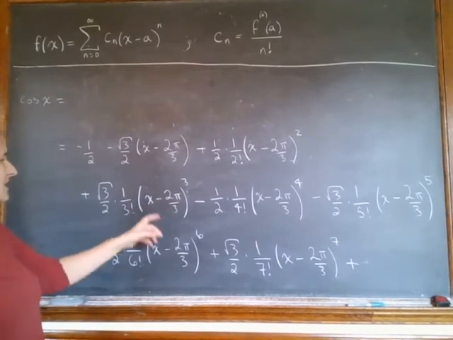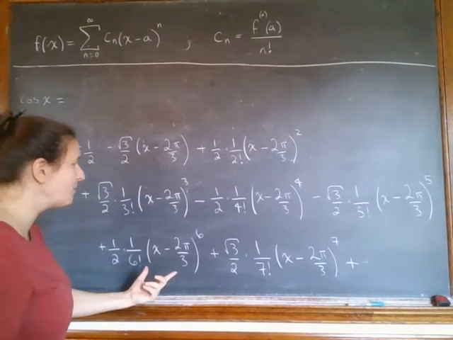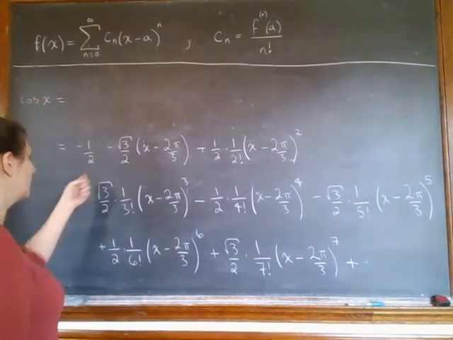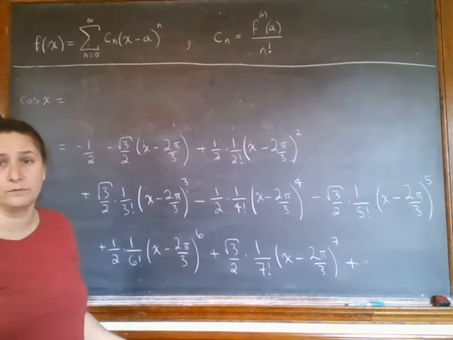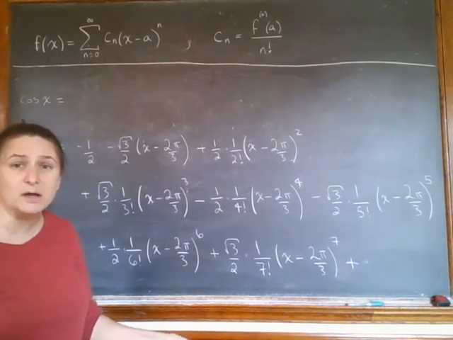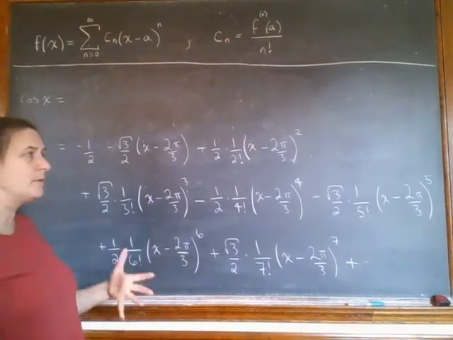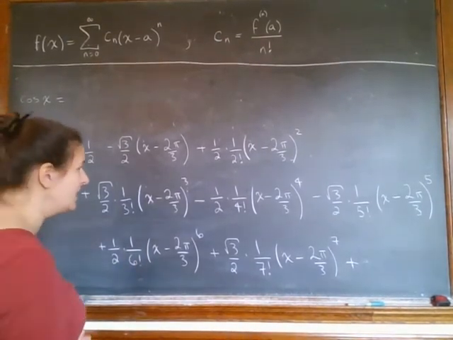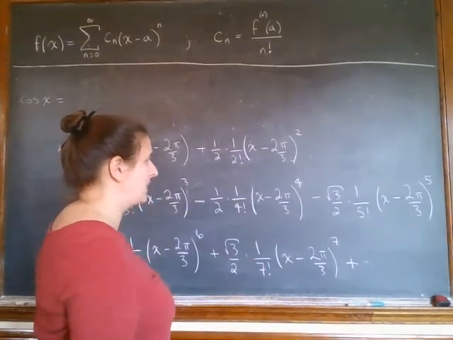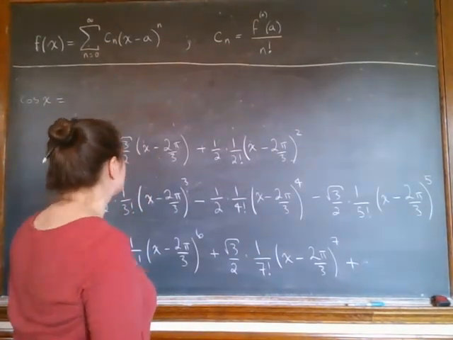Each of these things has an x minus 2 pi over 3 something, but some of them have a coefficient of 1/2, and some have a coefficient of √3 over 2, and some things are positive and some are negative. Okay, so it's a bit of a mess. But we can see, at least first, that the odd ones have the √3 over 2, and the even ones have the 1/2.